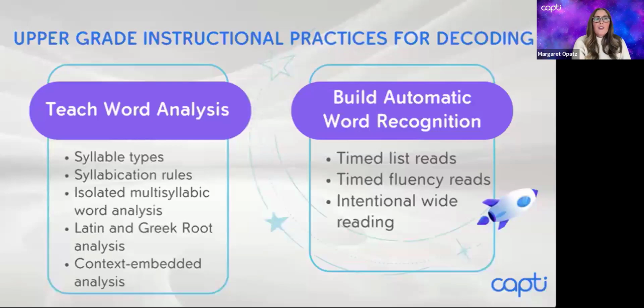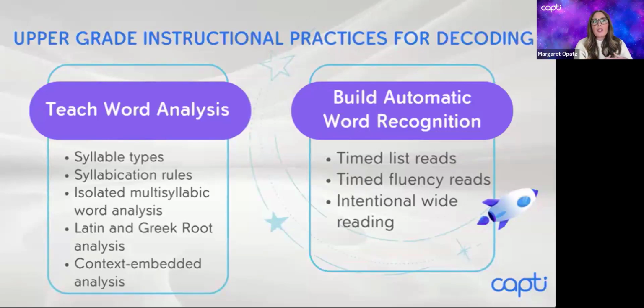Fortunately, there are great practices that we can do to really support students. First of all, we need to teach word analysis. This looks very different, like I mentioned already, from the primary grades. We're not going to just teach that sound to letter correspondence. We certainly would if that's where students need to start.